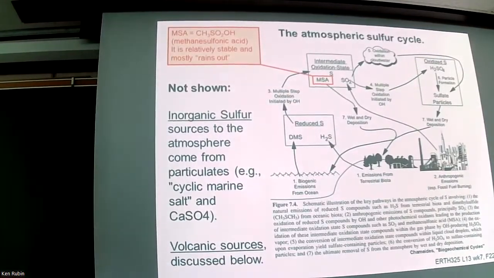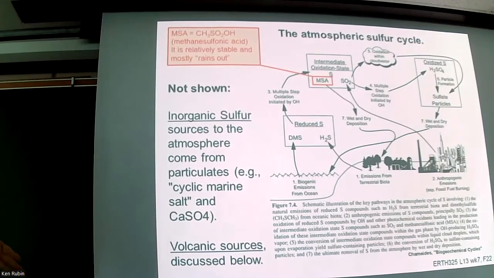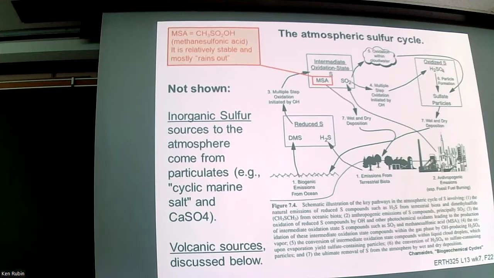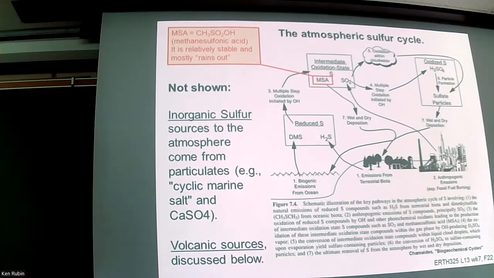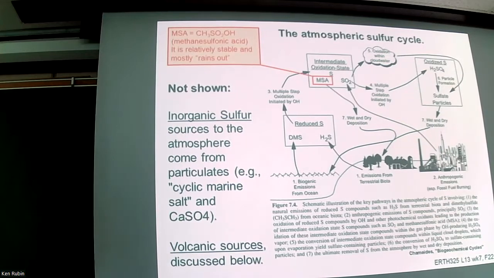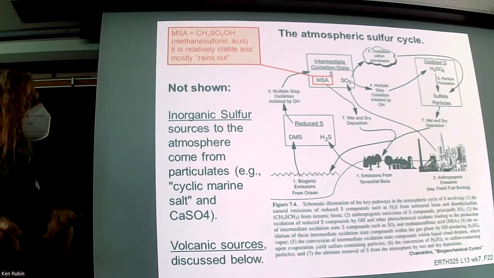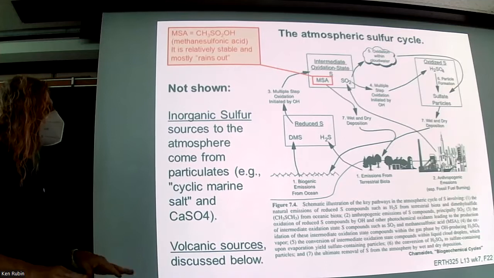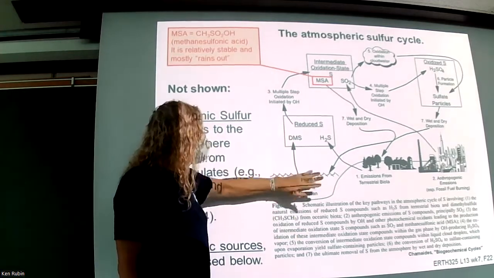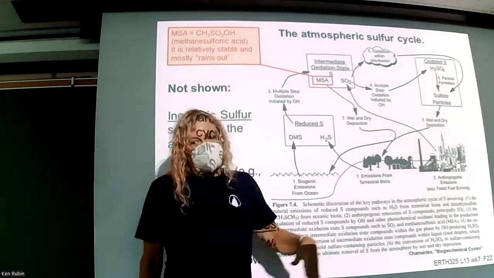So this is a diagram showing you a flow chart of how sulfur gets up into the atmosphere and then gets oxidized and comes back to the land surface as oxidized sulfur in terms of sulfuric acid. And this has both natural and anthropogenically impacted phenomena on it. So we've got emissions that come out of aquatic and terrestrial ecosystems.